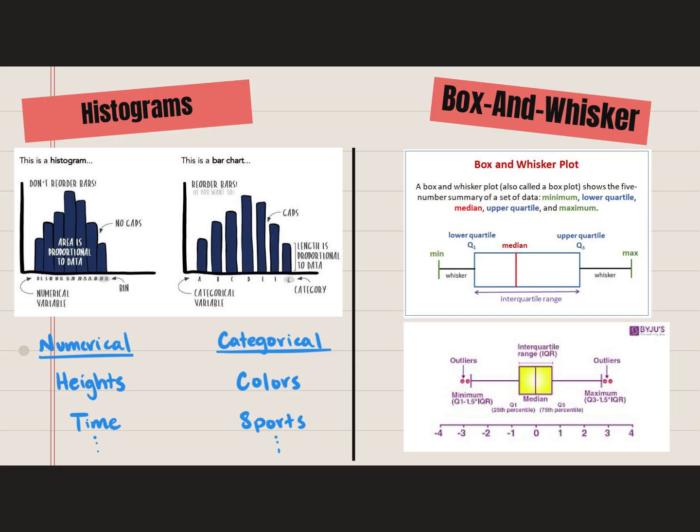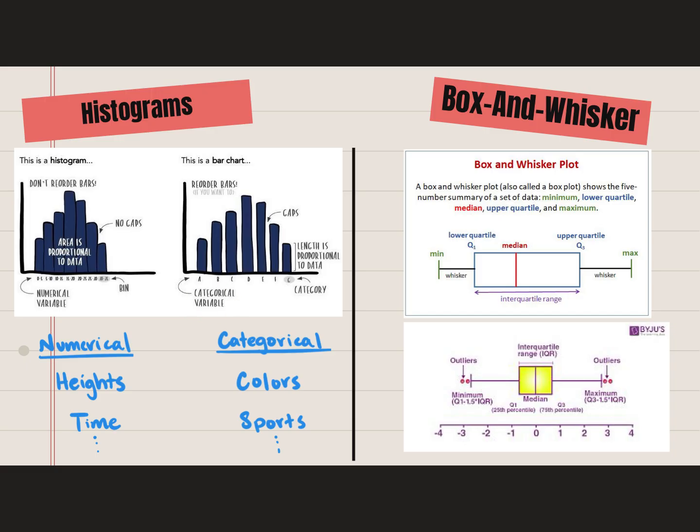Versus when it comes to a bar chart, the data is considered categorical. Now, I do want to clarify that those categories can technically be numbers, depending on the kind of data you're looking at. An example might be like shoe size. And so with that categorical data, most commonly it's things like colors or sports.